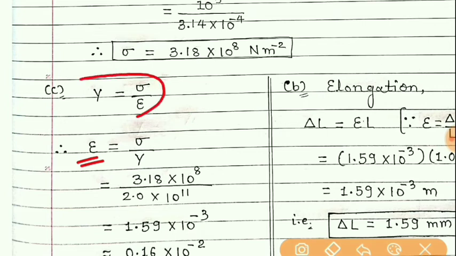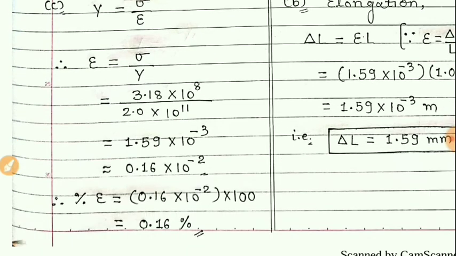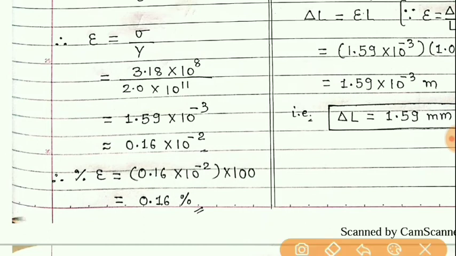According to Young's modulus, Y is equal to sigma upon epsilon. Making epsilon the subject, we will get sigma upon Y. Sigma we have already obtained, so we will put it here. Young's modulus is given to us. Calculating this, we will get 1.59 into 10 raised to minus 3.